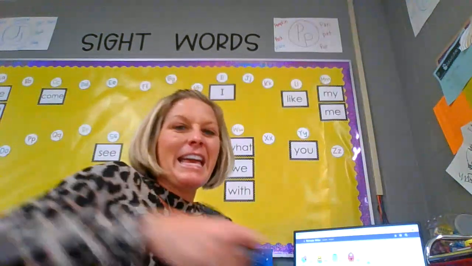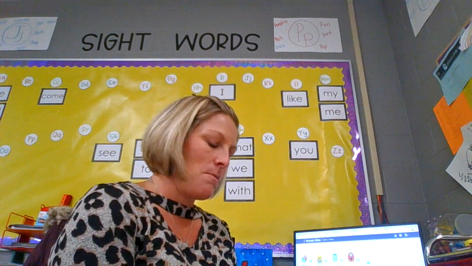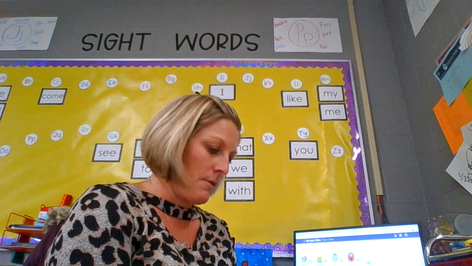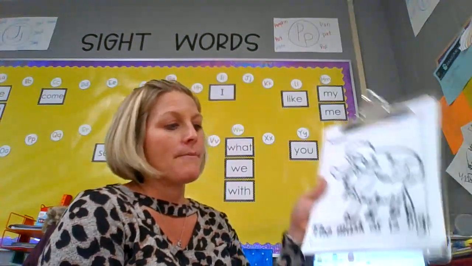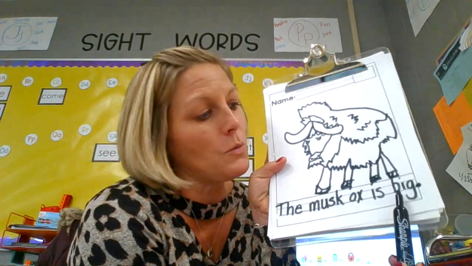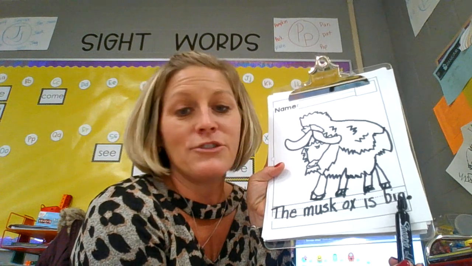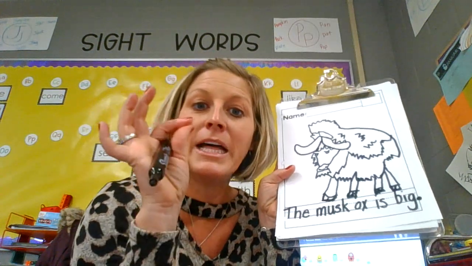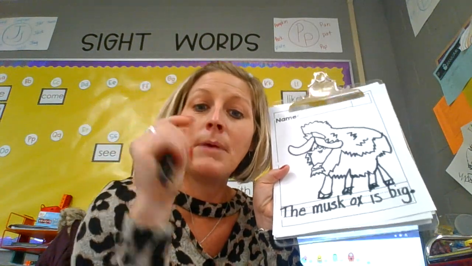B, like itch, and g, like game. Okay, now that's the end of our sentence for today. So what do we need at the end of a sentence? You're right, we need a period. All right, so look, we wrote the word big, B-I-G, big.